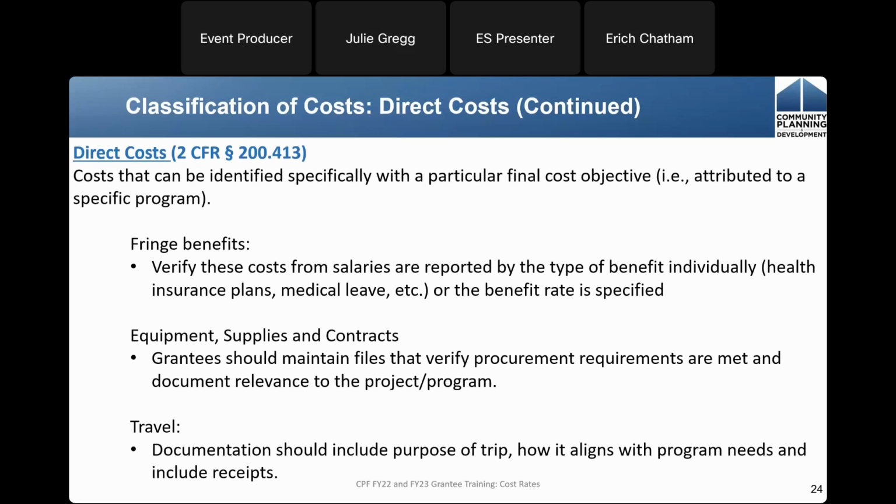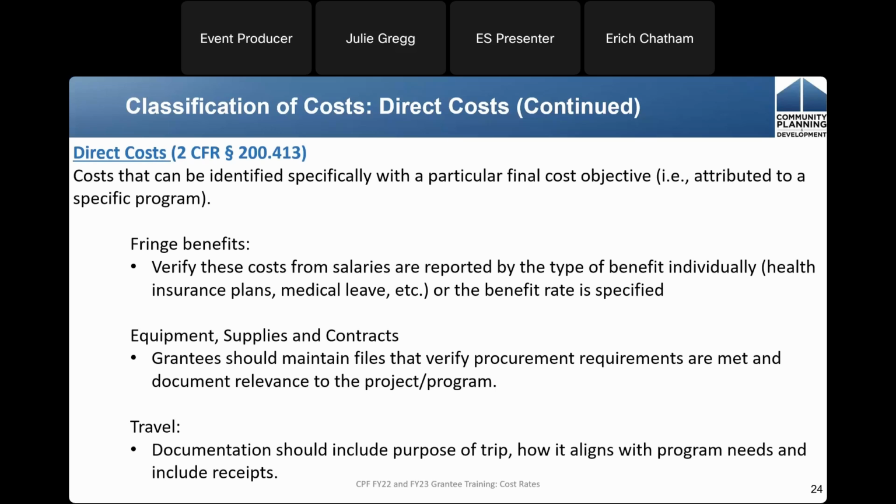As it relates to employment or wages for your staff, direct costs can include fringe benefits, and you need to verify that the costs from salaries are reported by the type of benefit individually. So, for example, health insurance plans or medical leave, etc., or the benefit rate is specified specifically. Other examples of direct costs are equipment, supplies, and contracts.